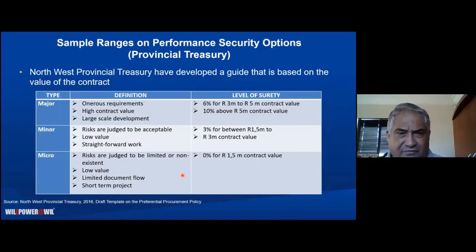This is an example from Northwest Provincial Treasury, Northwest Province. I think Advocate Alan Fenton might have put this together. So there are some other particular kinds of guarantees that they would have used, as you can see here.